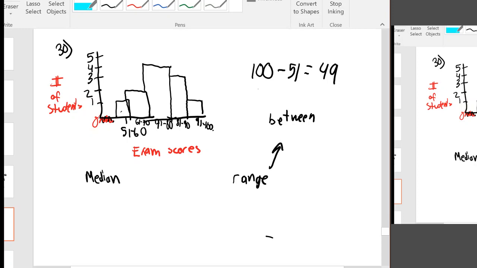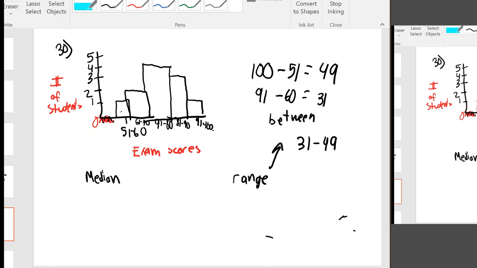Or Johnny could have gotten a 91 and Billy could have gotten a 60, right? And that would give me the lowest possible range, which would be 31. So it's between 31 and 49. I do know that.